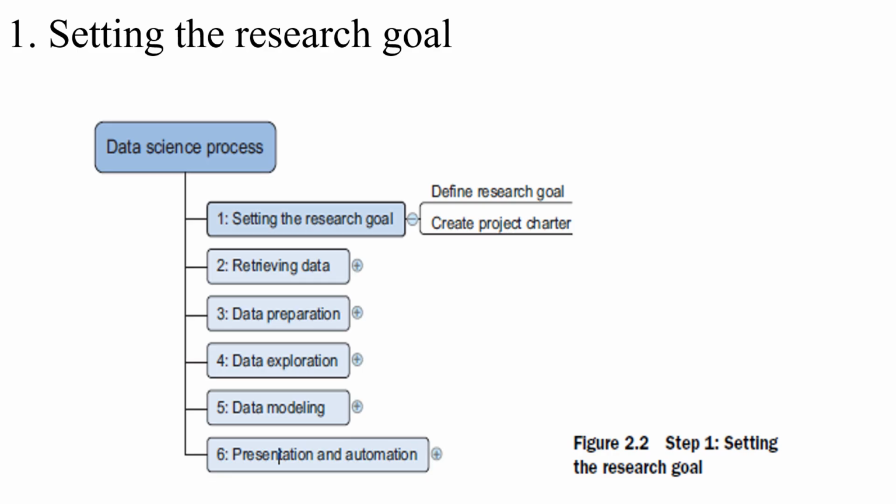We have to decide whether the data is from 1980 to 2025, or from 2000 to 2025, whether it is only for people more than 50 years old or less than 50, or only for blood cancer or lung cancer. Likewise, we create a project charter on which we are going to concentrate.